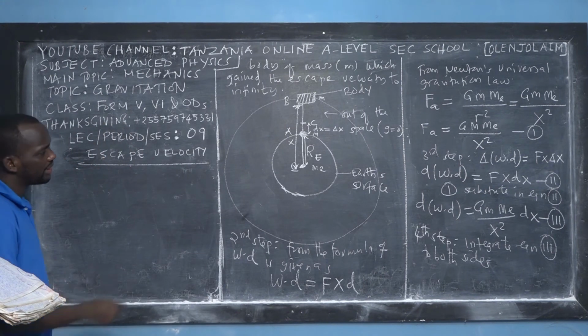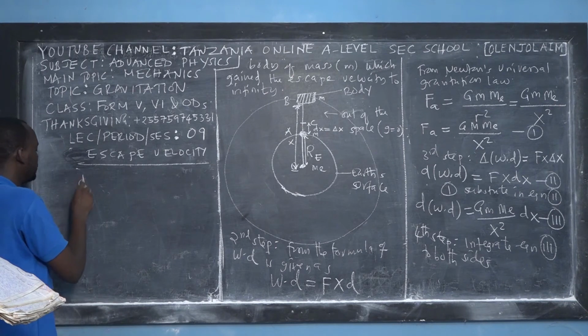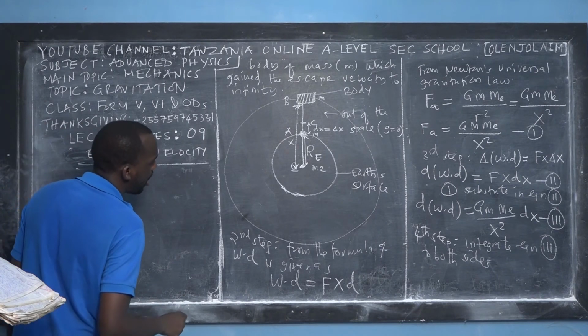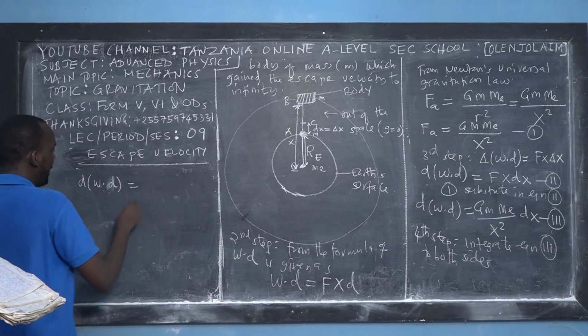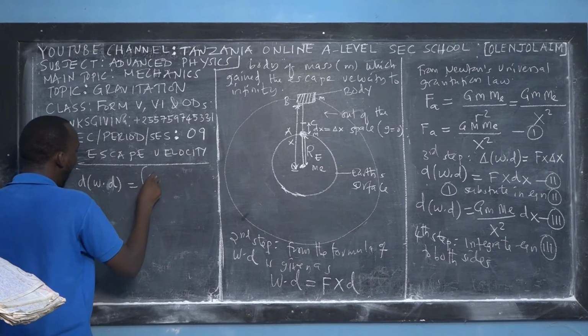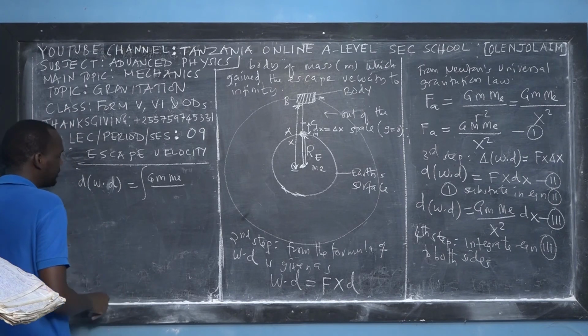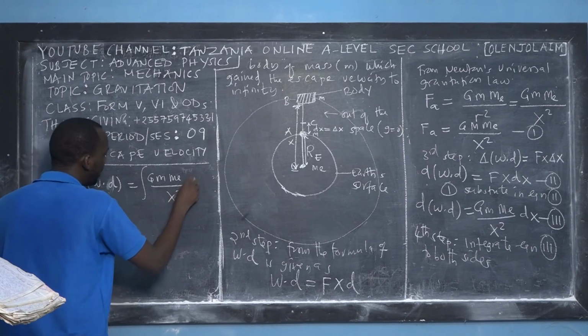Okay, so if that's the case, we have the work done, GMm of the Earth, times dx over x squared.